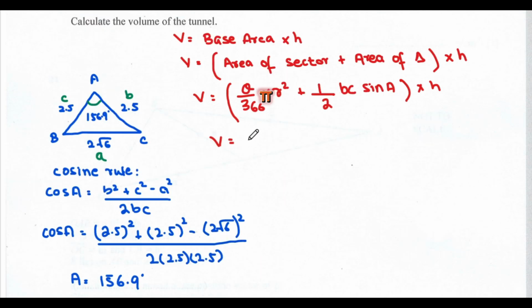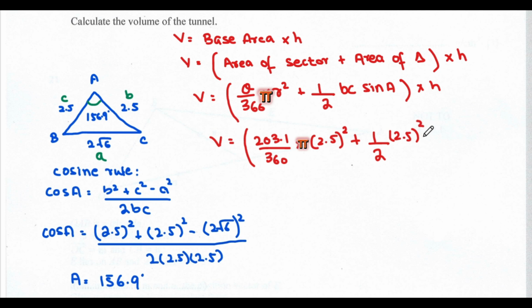For the sector, the angle is 203.1 over 360 times pi times 2.5 squared, plus for the triangle it would be 1 over 2, B is 2.5, C is 2.5, so I am writing 2.5 squared, sine of angle A, that means sine of 156.9. Then I close the bracket and multiply it by 800.